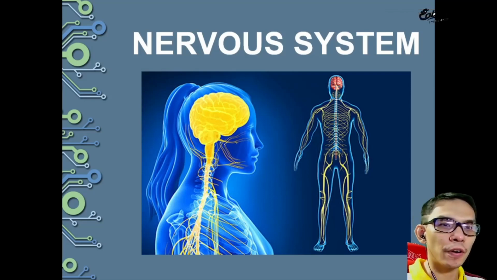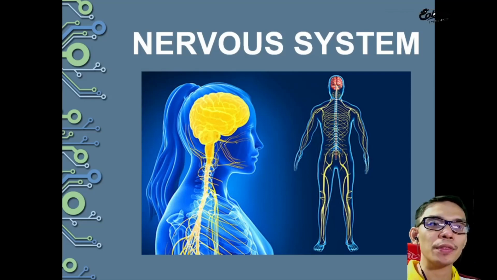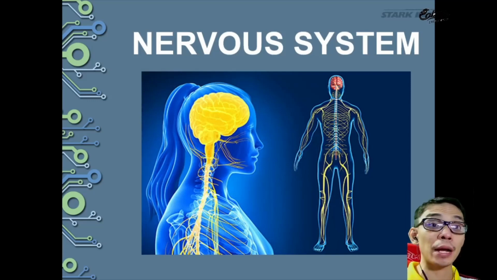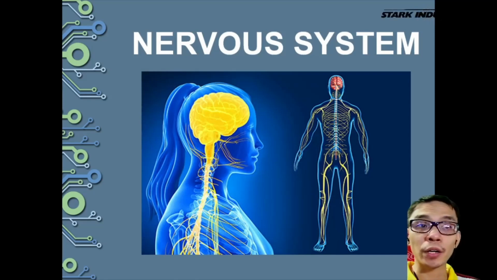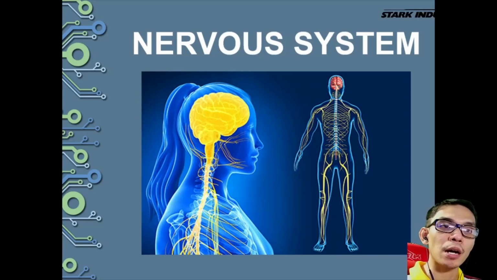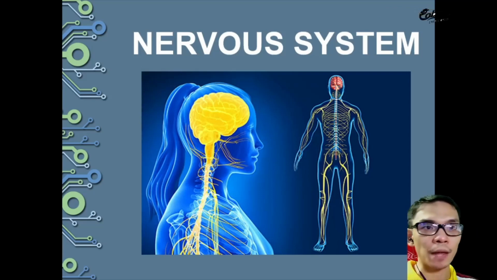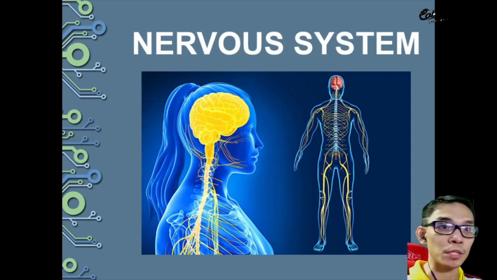If you trace down the organization of life, the nervous system falls under the organ system. Why does it fall under the organ system? Because the organs found in this organ system function together, doing the same thing as the other organs in the nervous system.